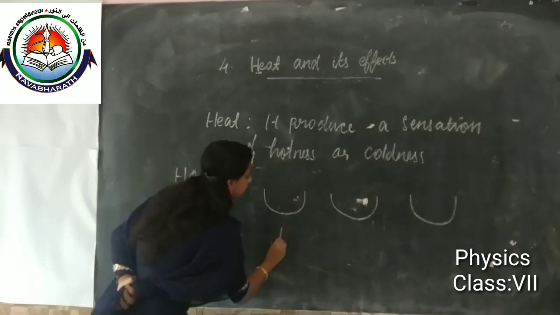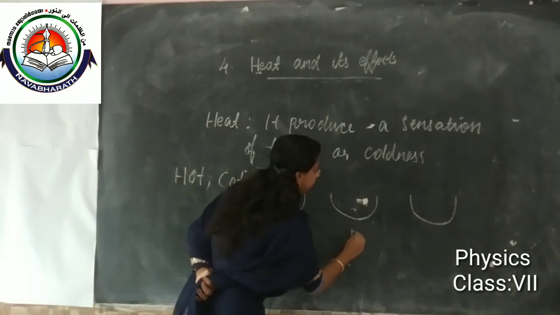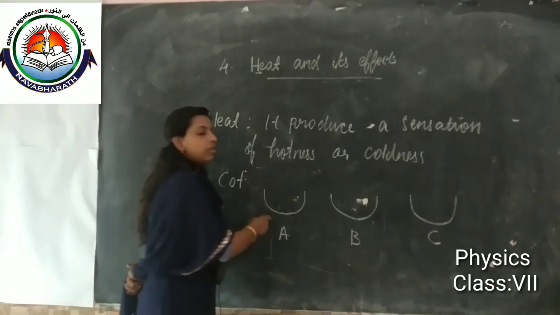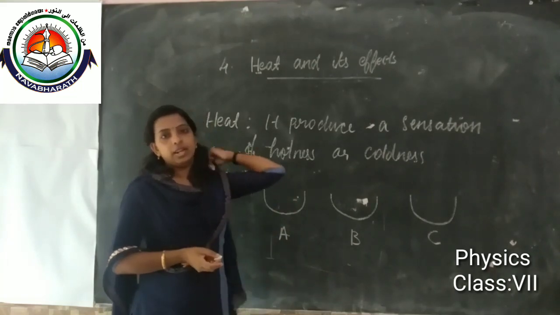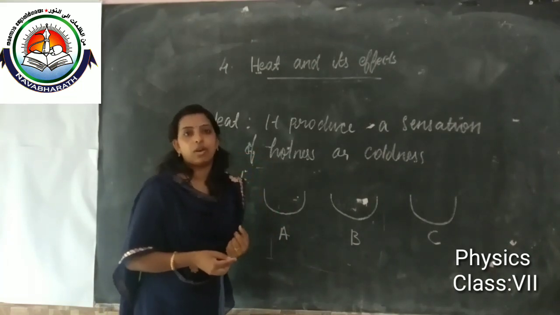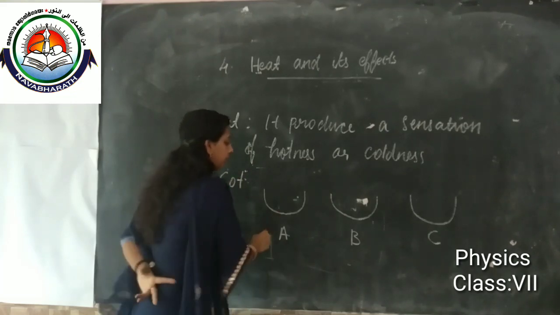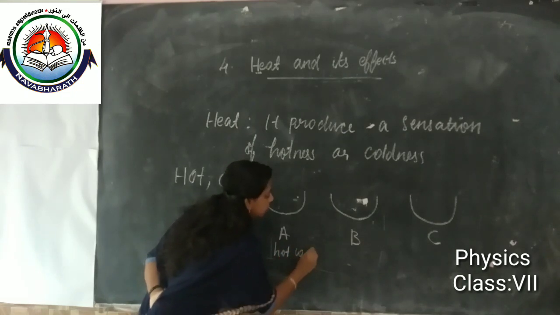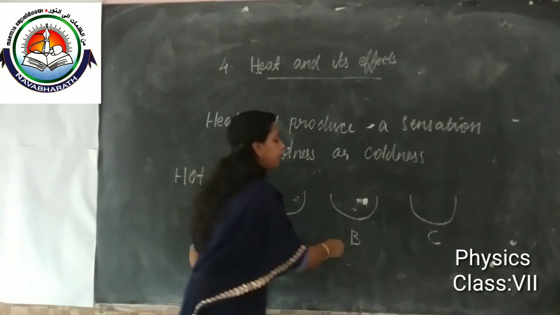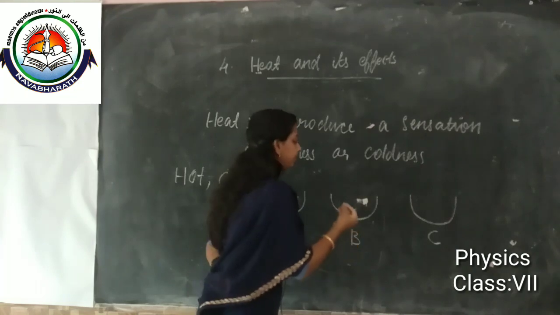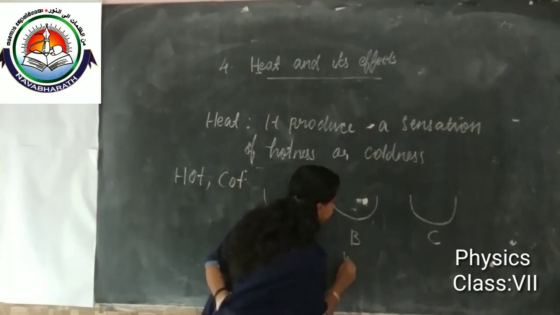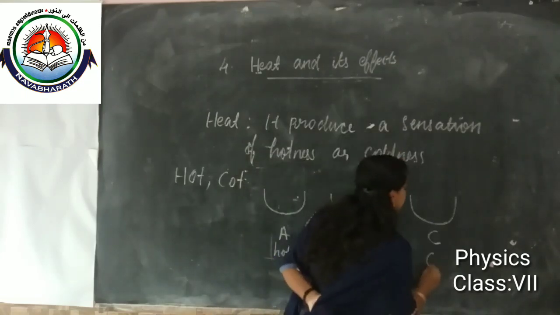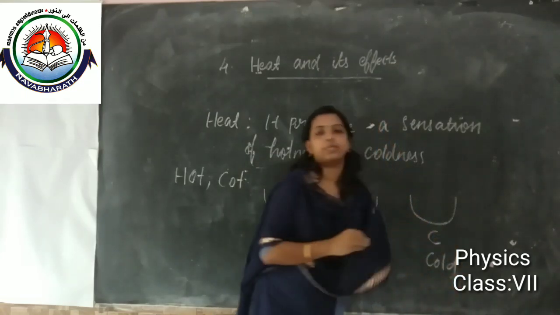Bowl A, bowl B and bowl C. In bowl A we can add hot water, in bowl B we can take some warm water, and in bowl C we can take cold water.